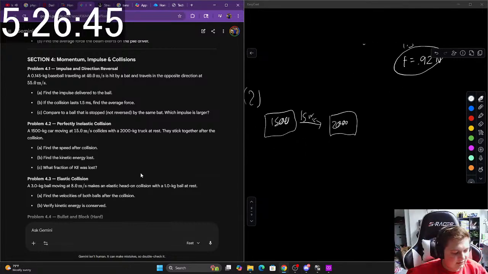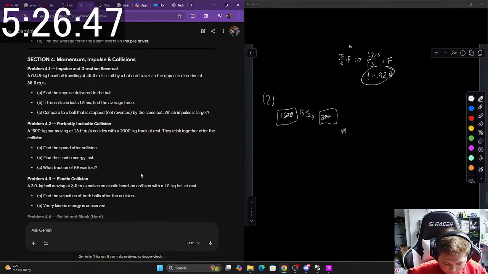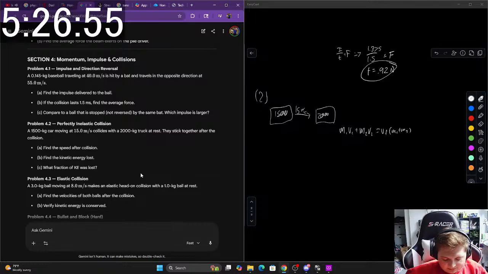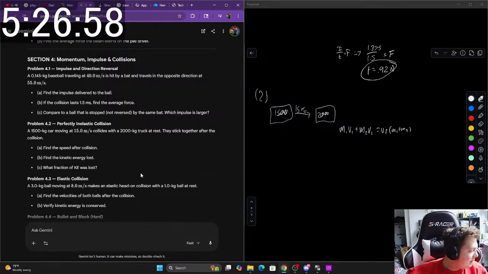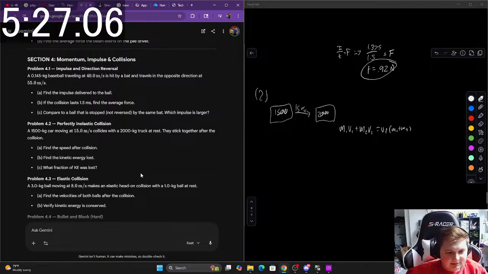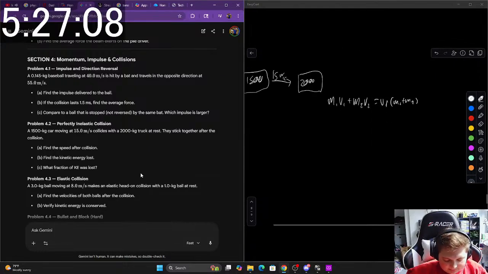They stick together after the collision. This is the equation for a perfectly inelastic collision, which I don't think we have on our cheat sheet, but it makes sense. So they have the same final velocity, and then the masses get added, right? One is 1,500. We need to find the VF.